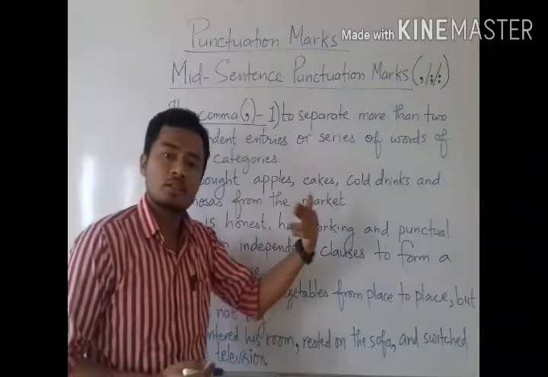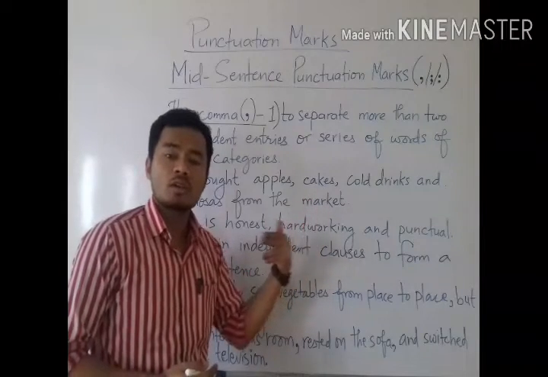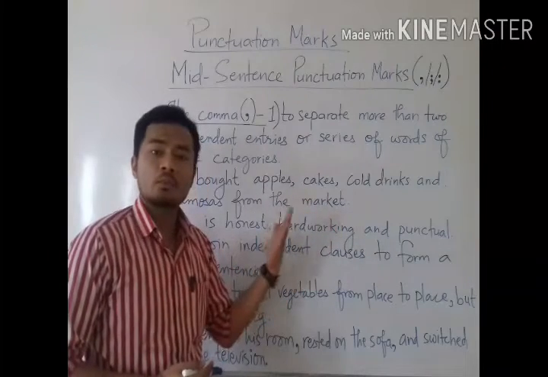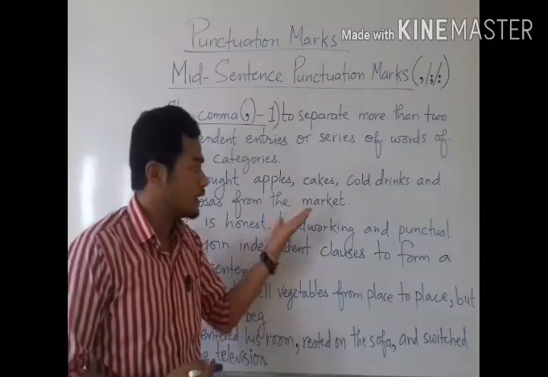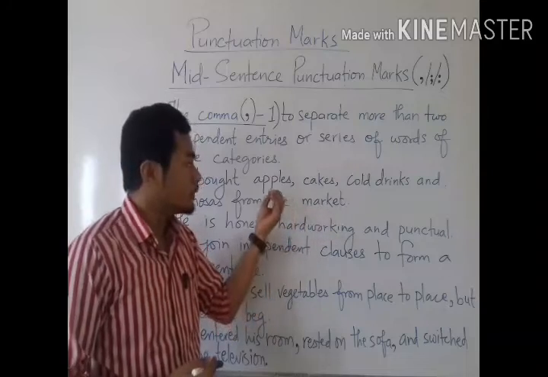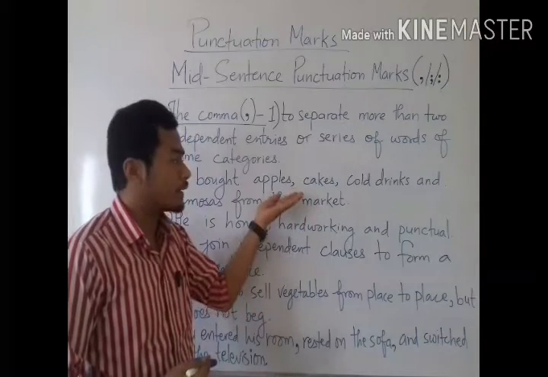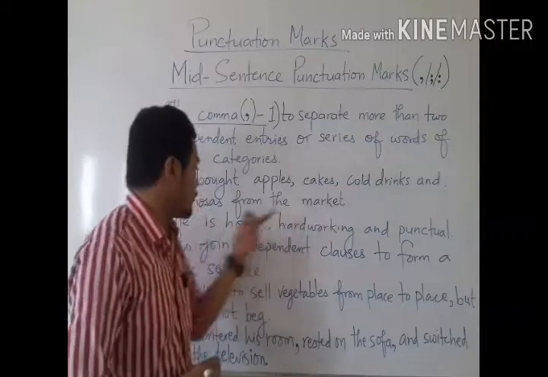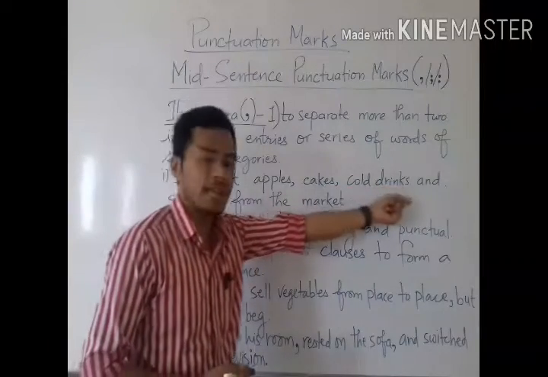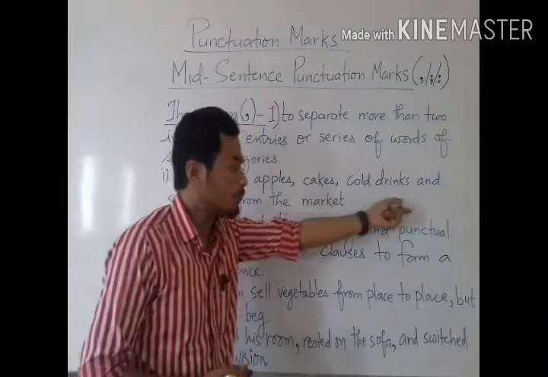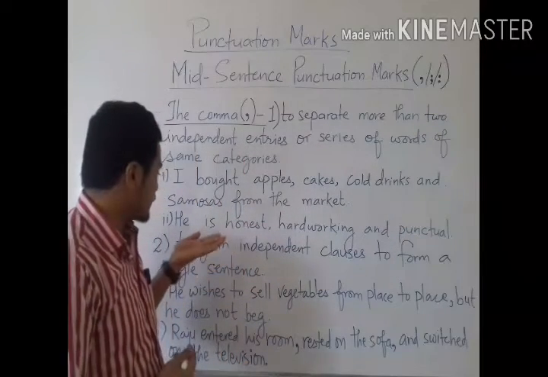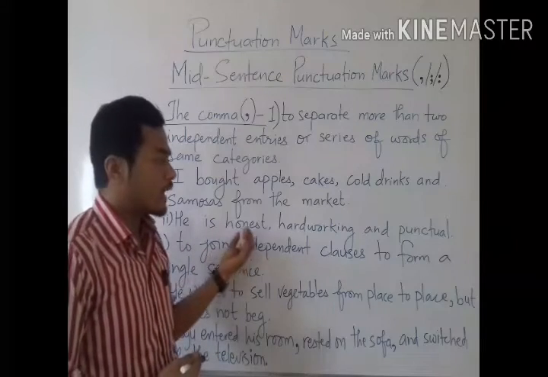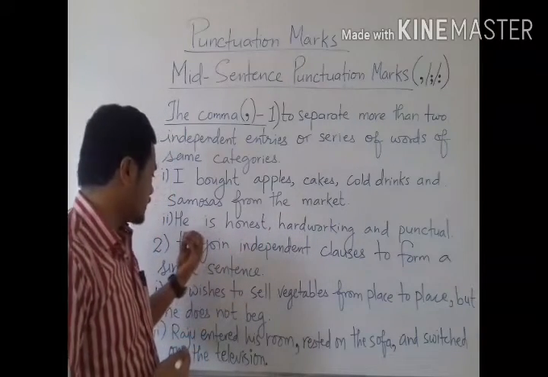Okay, but before these two words of the same series, other words are separated by using commas. Like here I have separated apples, cakes, cold drinks, but before samosas I have written and. Okay, so here in the same case we have example number 2: he is honest, hardworking and punctual.